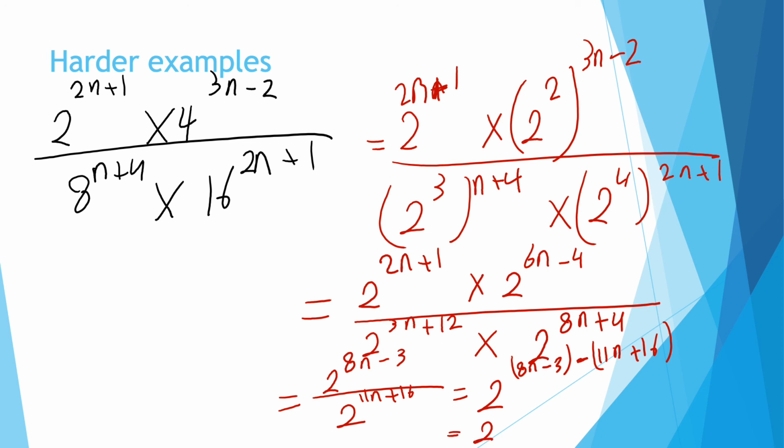Now you minus the like terms, so 8n minus 11n is negative 3n, sorry, and minus 3 minus 16 becomes negative 13. That's a negative power, so change it to positive, becomes 1 over 2 to the power of 3n plus 13, and that's your final answer.